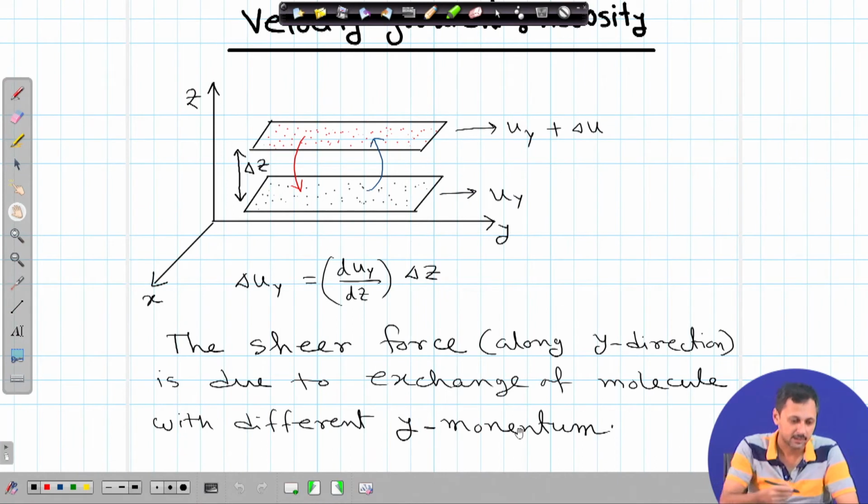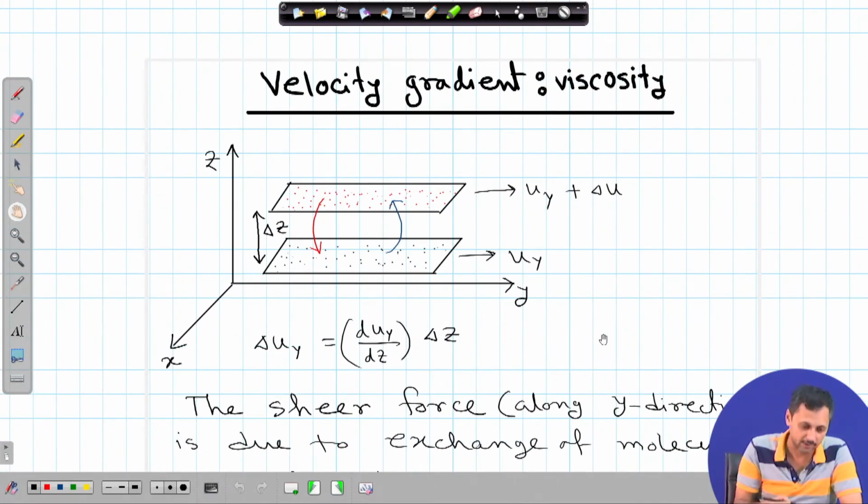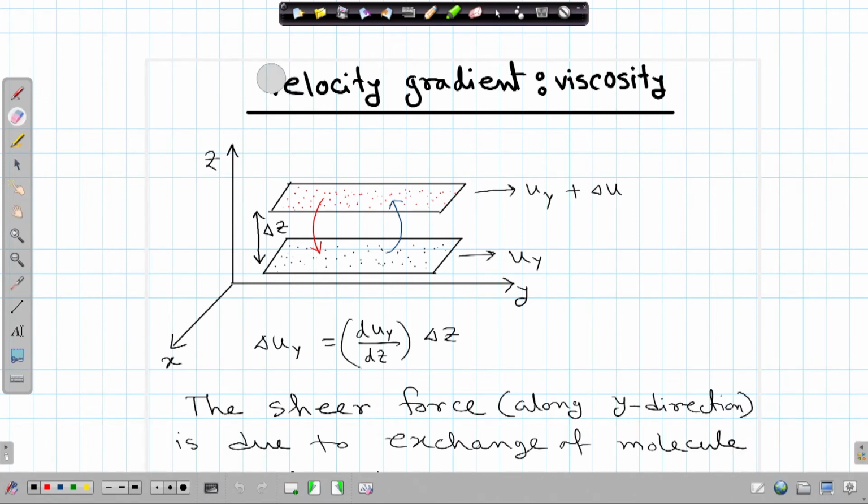So, let us take up the case of velocity gradient, or I should not call it velocity gradient, I should call it the momentum gradient, because this will be a more accurate term for it. I mean, on second thoughts, velocity is actually okay, because here the masses are the same.